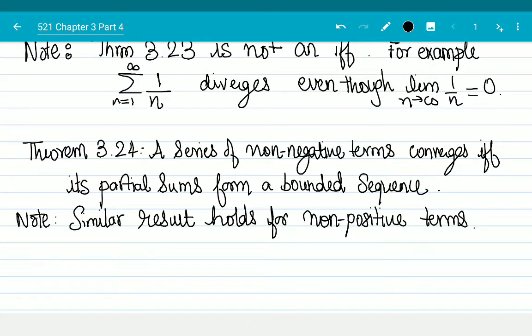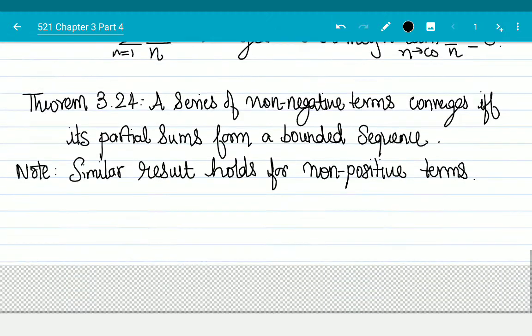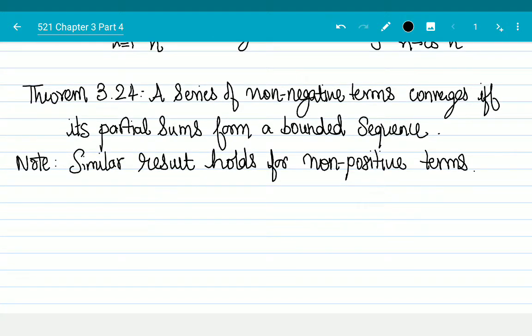Okay, both of these are direct consequences of the results for sequences. Now we can look at the first result, which allows us to figure out if a sequence converges or diverges, other than what is called the divergence test, which is checking if the limit of sequence terms does actually go to 0 or not.